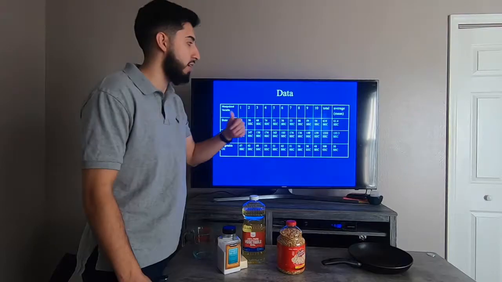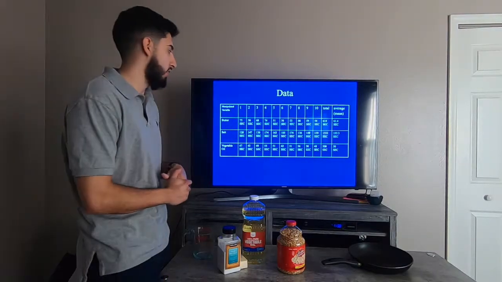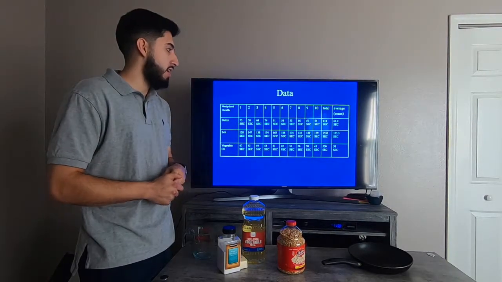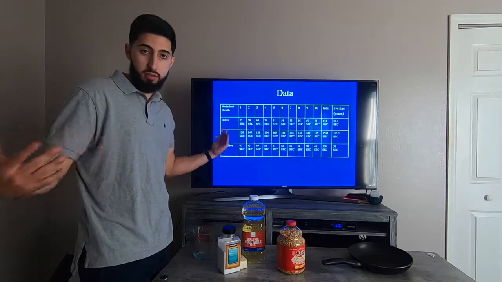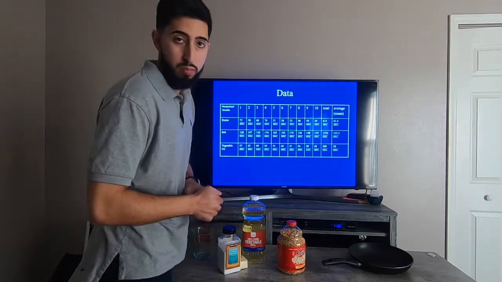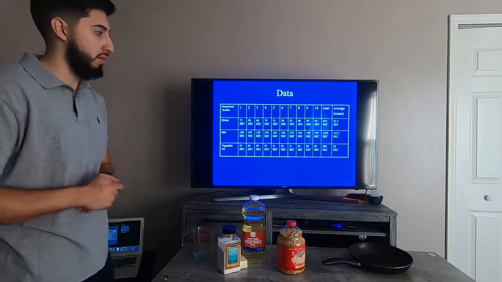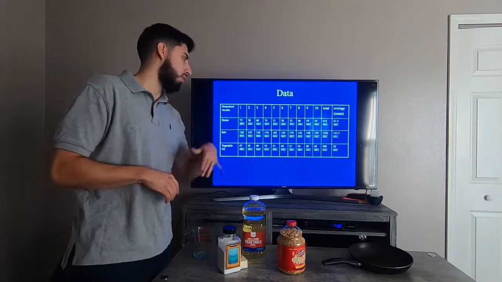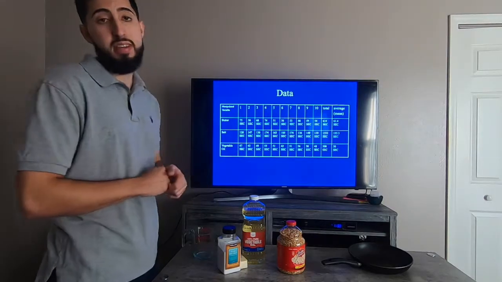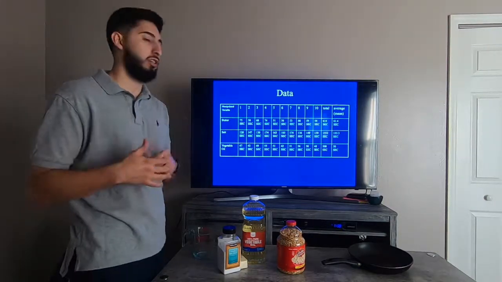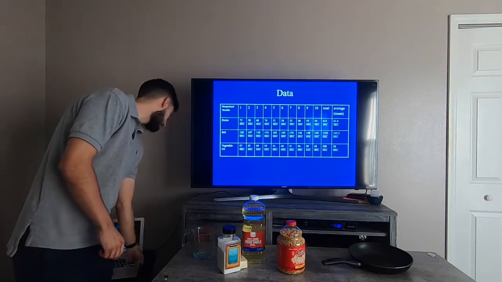We've got our total here, and then we've got our average. So it turns out for butter, the average time it took for all 20 kernels to pop was 61.4 seconds. For salt, it took 155.3 seconds. For vegetable oil, it was the quickest, with 50 seconds average per run.